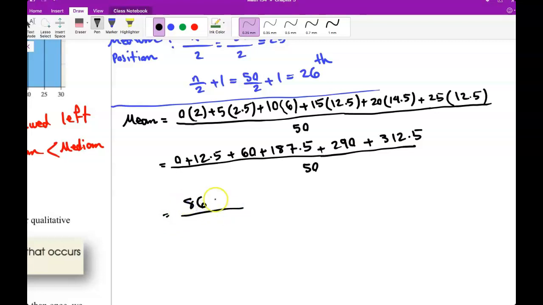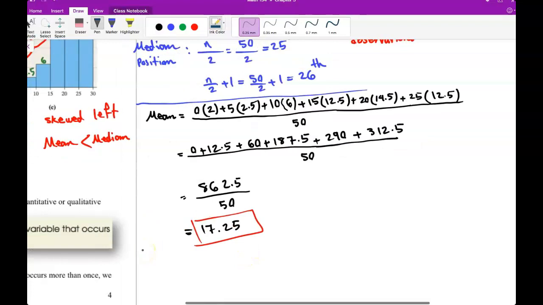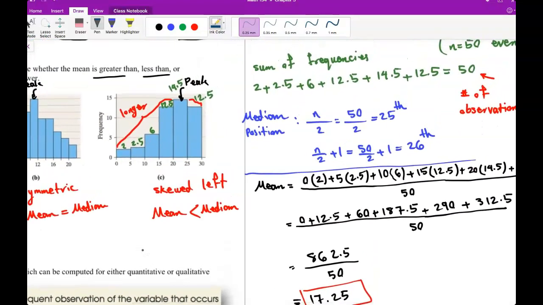So in total we have 862.5 divided by 50. So that is 17.25. Okay, so our mean is 17.25.